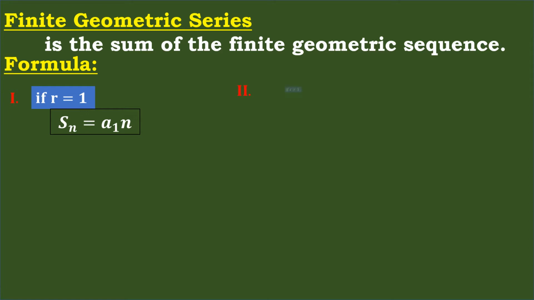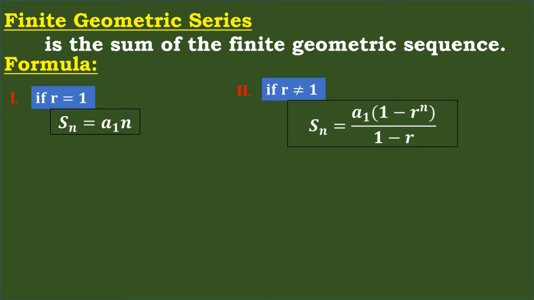Second condition: if r is not equal to 1 and not equal to negative 1, this is the formula. S of n equals a sub 1, or the first term, times 1 minus r raised to the number of terms, divided by 1 minus the common ratio.